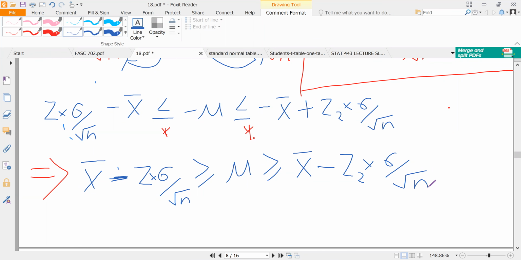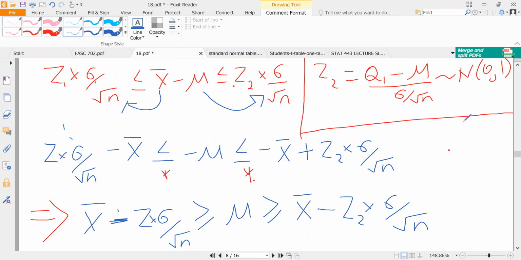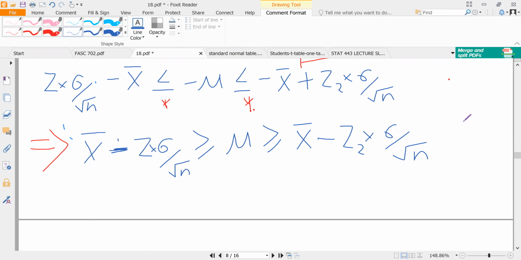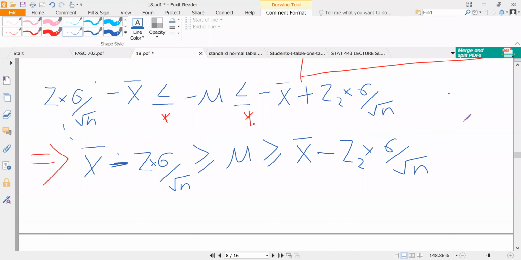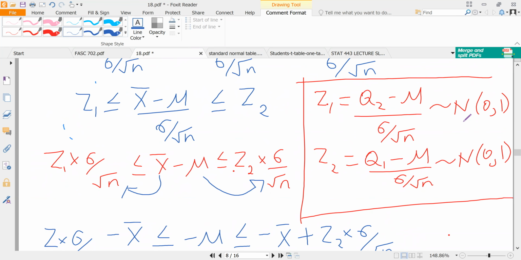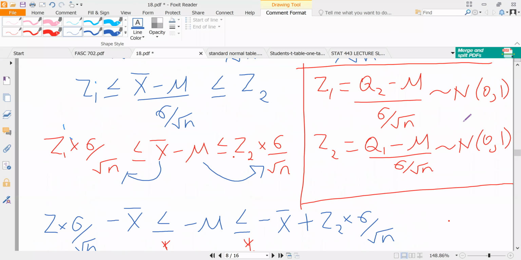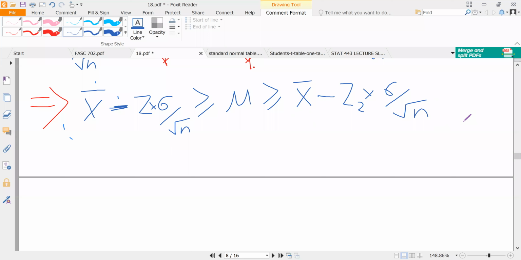Now, there's something I have to state before even coming down here. These Z1 and Z2 are standard normal, which means they are points on the curve.